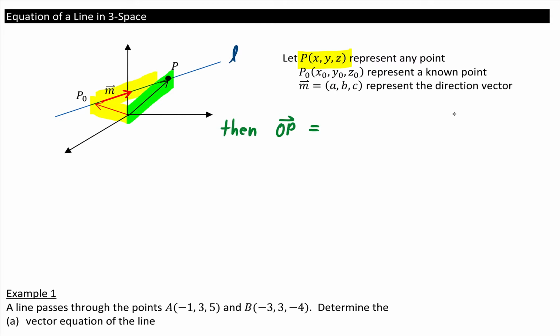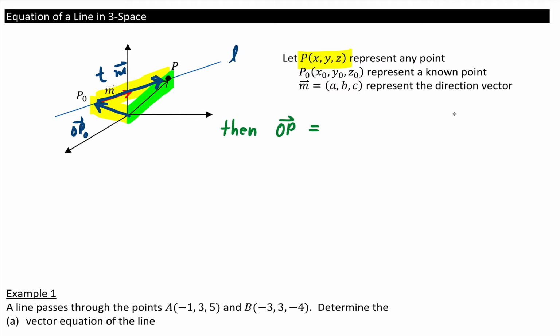If you look at this here, we have a triangle. We're going to go this direction here, and then we're going to take some scalar of m, and we can hit whatever point P is. So this would be OP naught, and this would be some scalar of m.